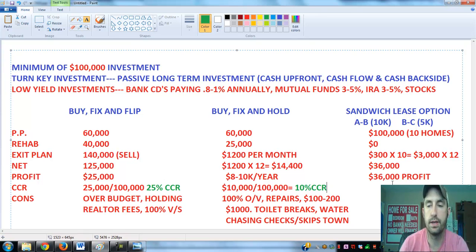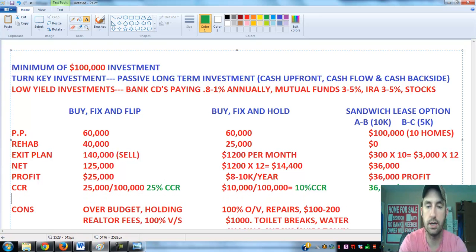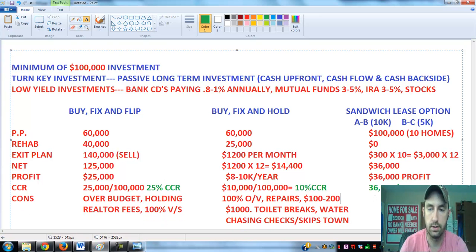So what you're going to make here is $36,000, divided by your $100,000 investment, which is going to create a 36% cash on cash return.